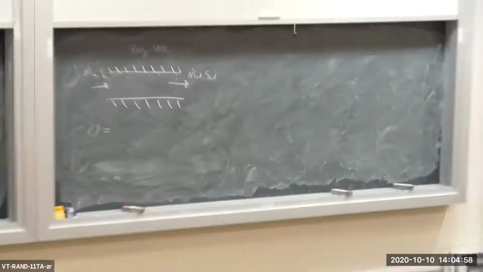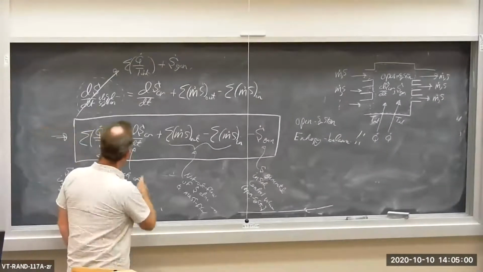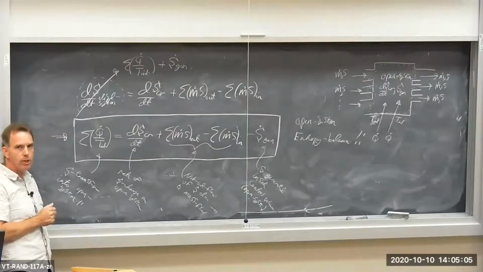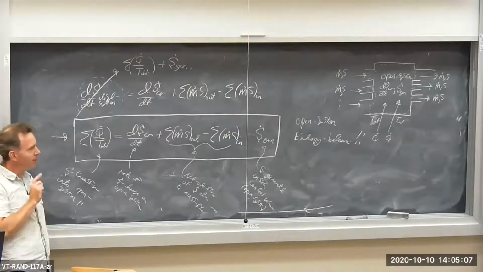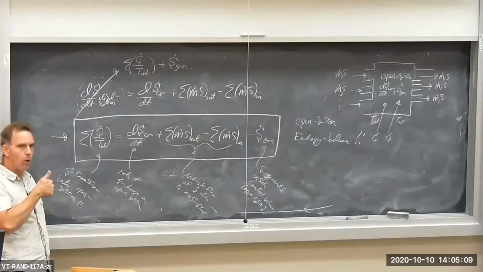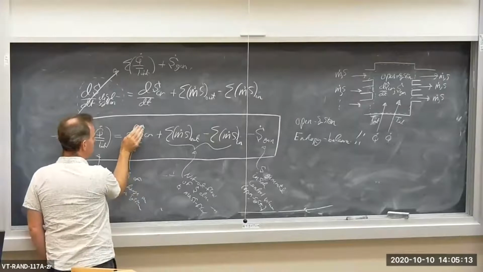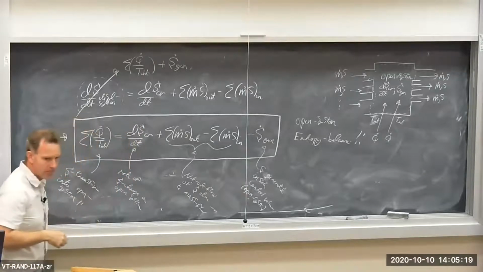Steady state means that the amount of entropy within my pipe or channel is constant in time. It's not going up and it's not going down. There's no buildup of entropy within the channel over time, so this term is gone as well.